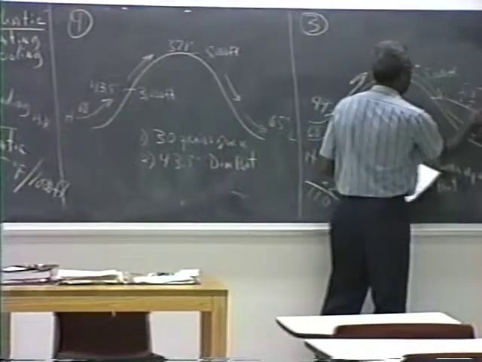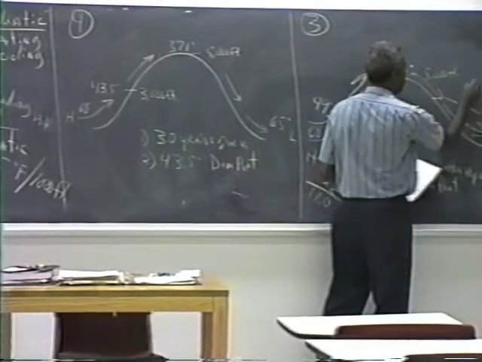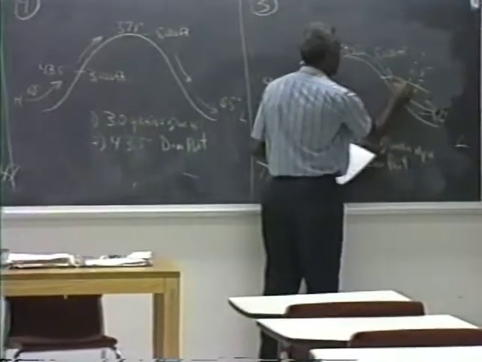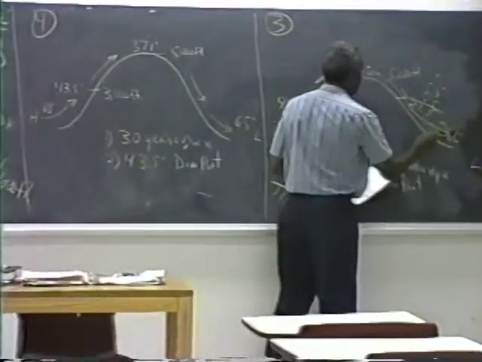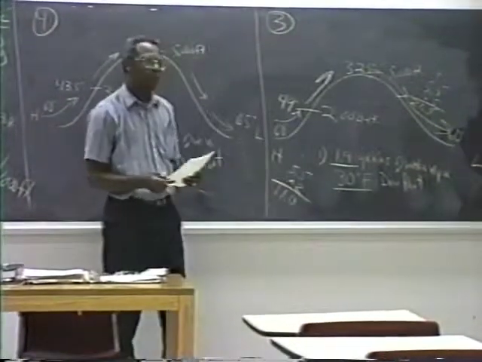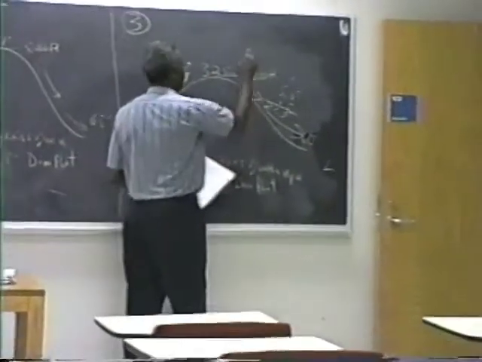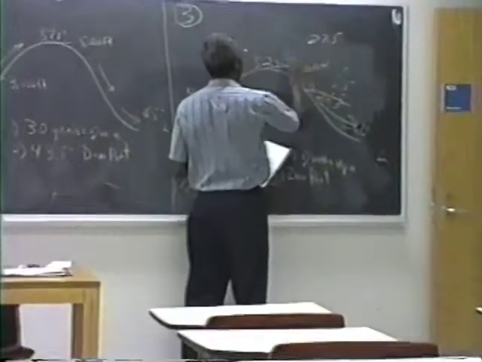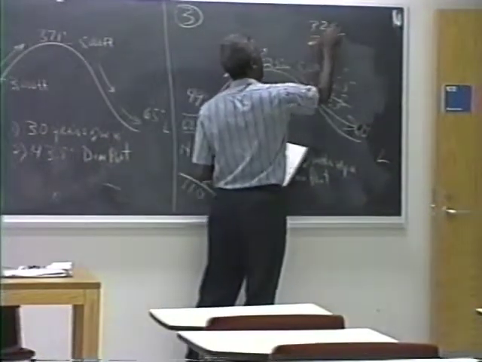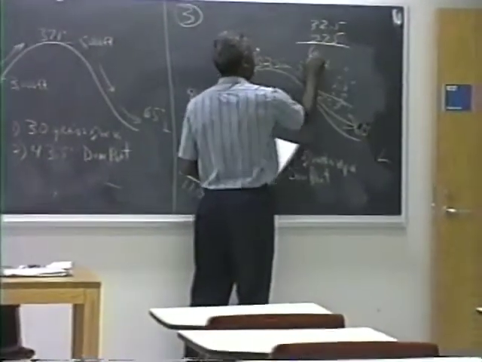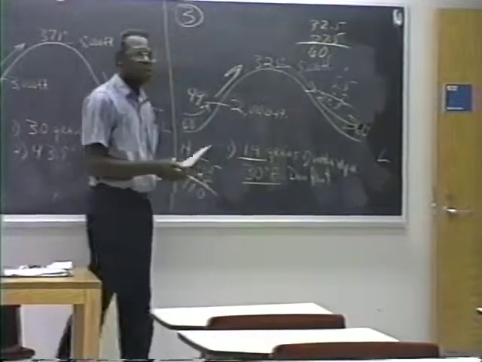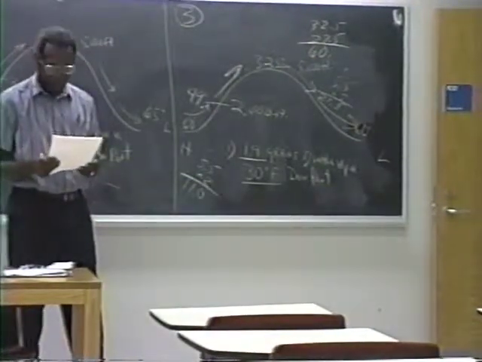Okay, 5 times 5.5 is what? 27.5. So what would we do with the 27.5? We would add 27.5 to the 32.5, which would give us the 60.